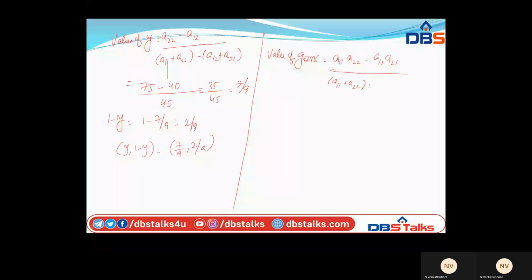If you want to remember this formula for the value of the game, see, the numerator and the denominator are the same terms. Only the difference is in the numerator, those two values are multiplied, but in the denominator, those two values are added. Okay, numerator and denominator are the same, but the difference is multiplication here and addition there.